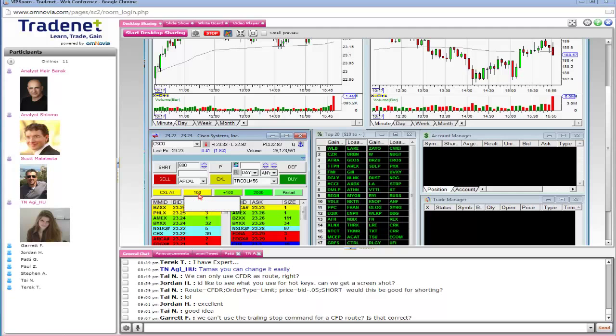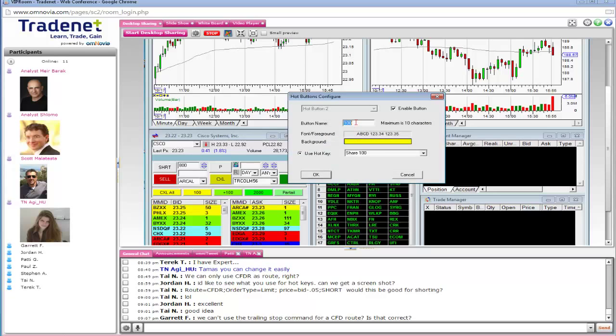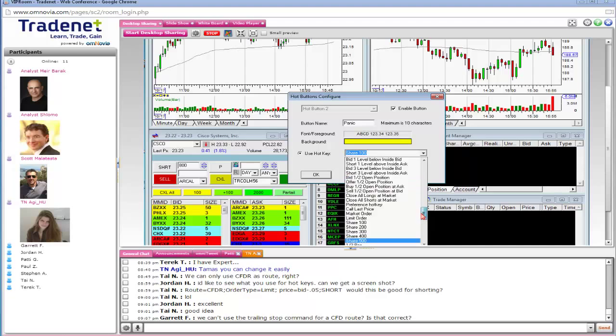Another very important hot button that I'm putting in my account is a panic button. So let's make together a panic button. Right click on, let's say, the 100 button, and I'm going to change the button name to panic. Now use hotkey, we are going to change it to close all positions.